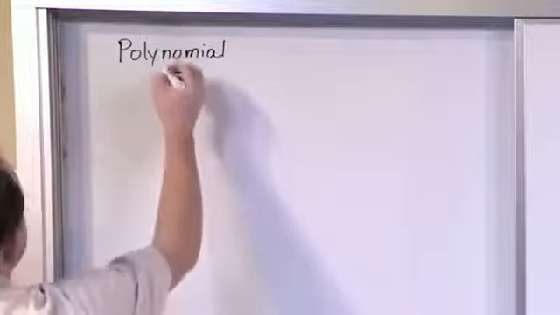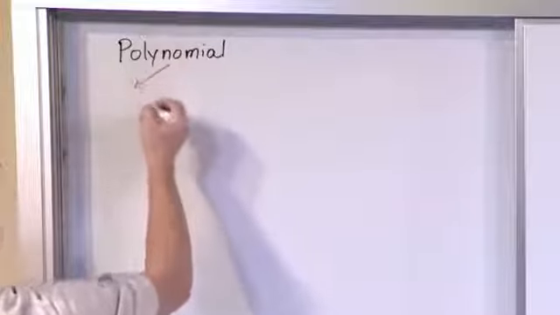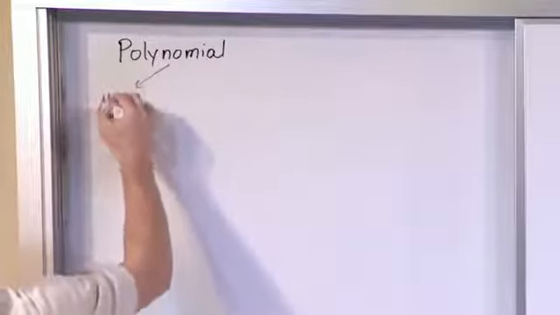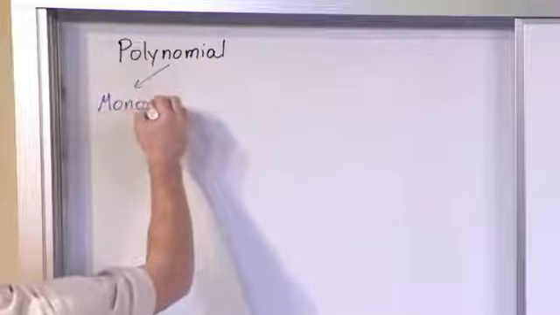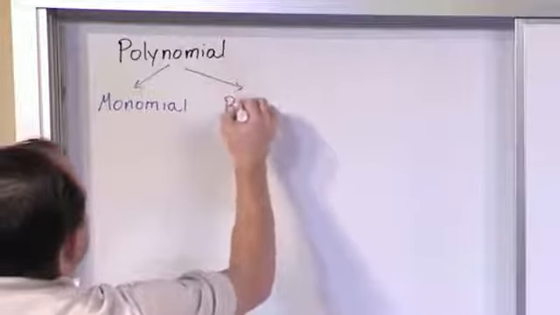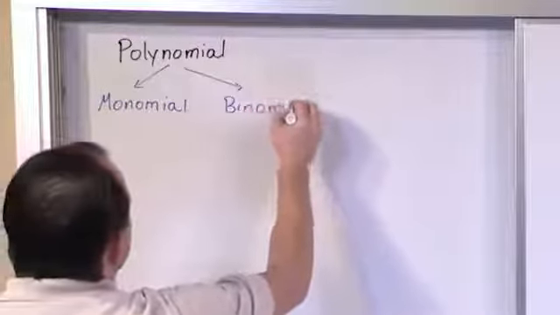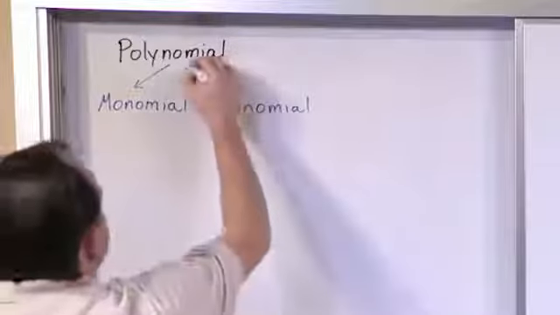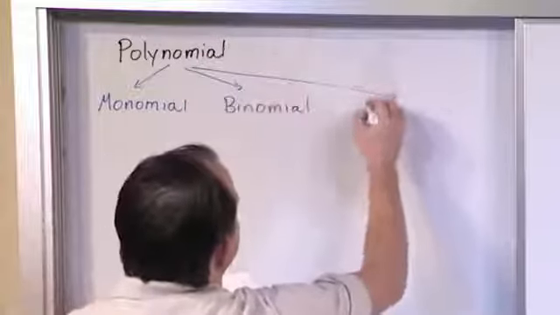Now, before we do that, let me tell you that there's really three main types of polynomials that we're going to talk about in the context of this class that you'll encounter in most algebra. One of them is called a monomial. One of them is called a binomial. And the other one is called a trinomial.